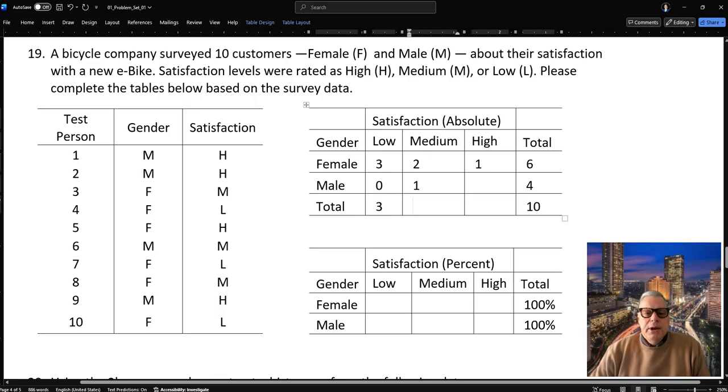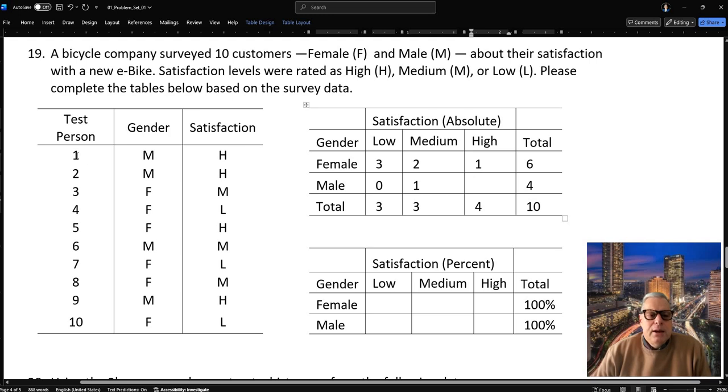Now we can double check how many mediums we have in total. So 1, 2, 3, and that's correct. So just from looking at this table, we now know, because the total ratings must equal 10, there must be a total of 4 high ratings, and 3 of them were given by the males. Let's double check.